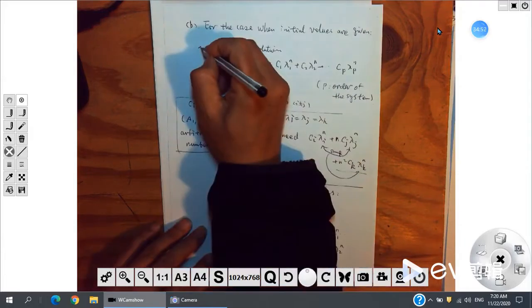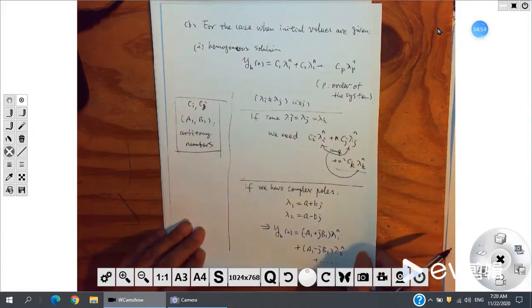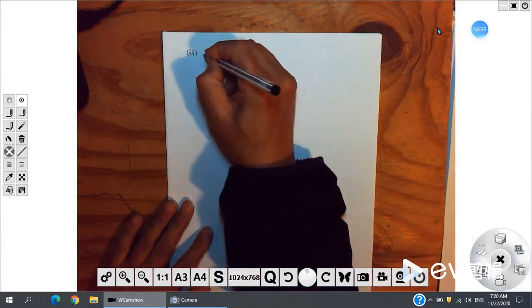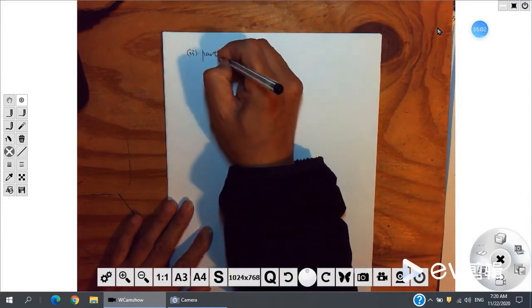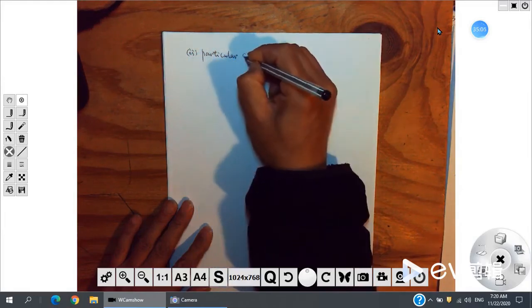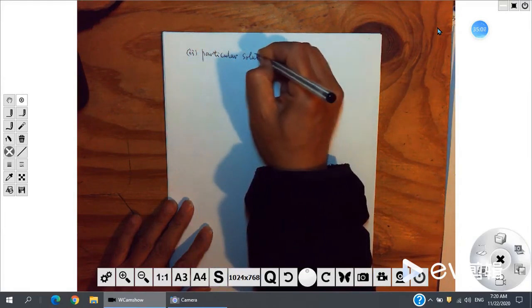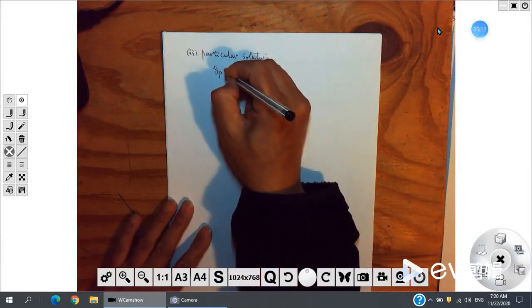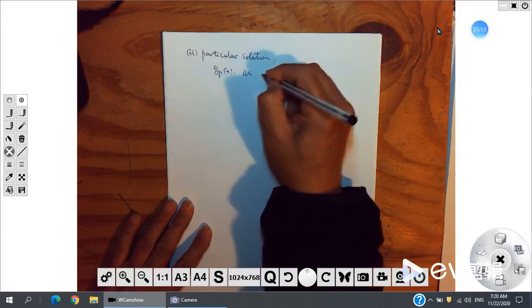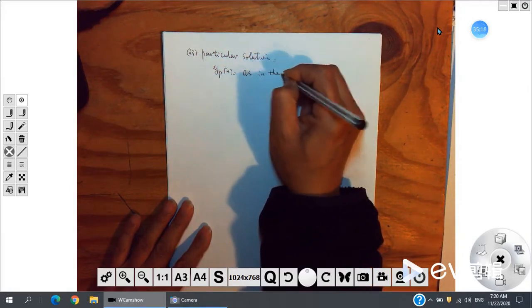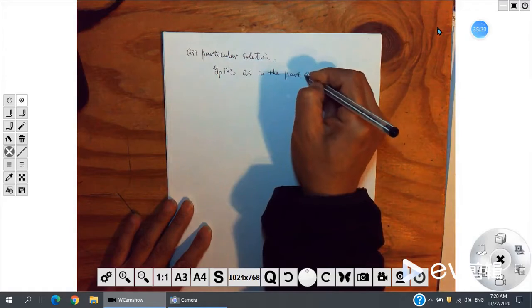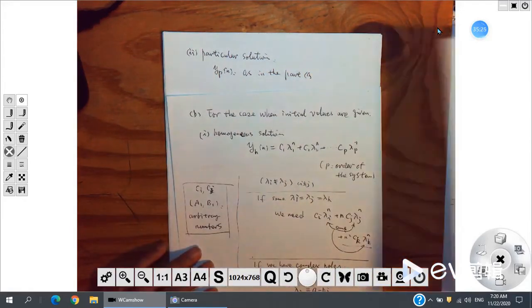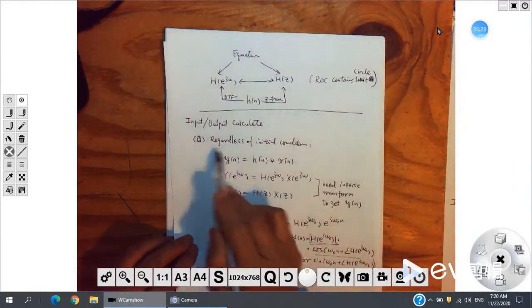So this is a homogeneous solution, and then we need a particular solution, yp of n. Then this is as in part A.